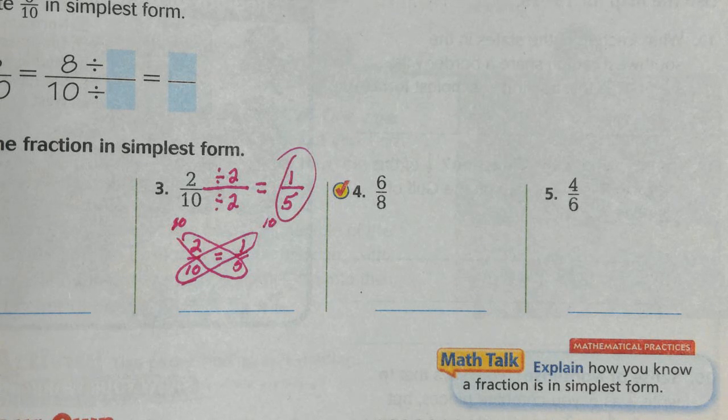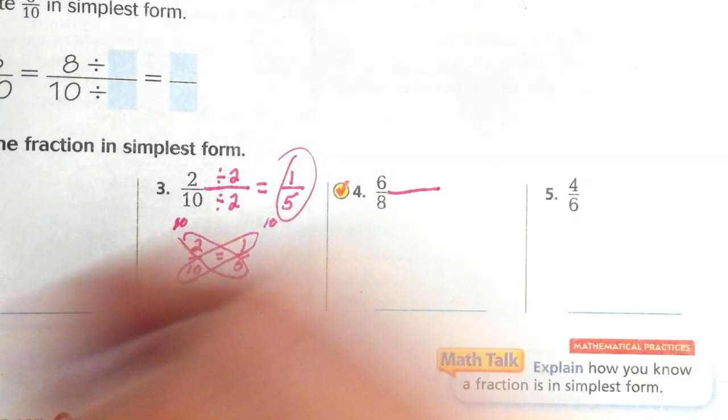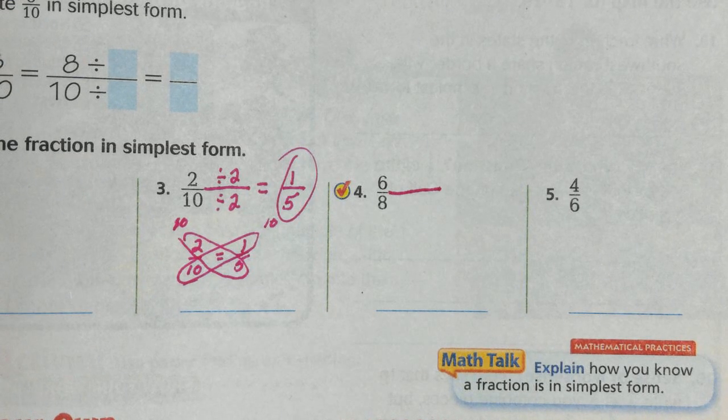All right, I want to simplify 6/8. I want to simplify 6/8. So if I am going to simplify 6/8, I'm trying to think if there's anybody. Jaden, what am I going to do if I'm going to simplify 6/8?